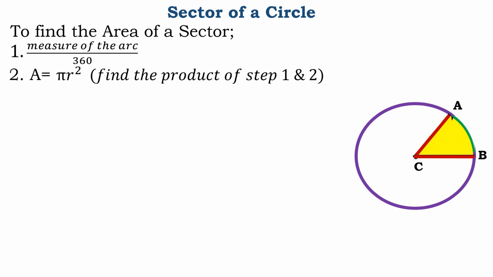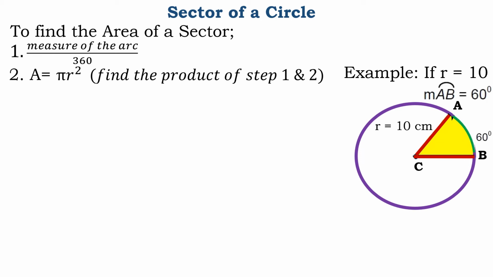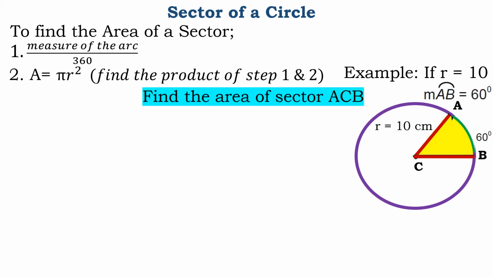Then after that, find the product of step 1 and step 2. Example, if the given radius of the circle is 10 centimeters and the measure of arc AB is equal to 60 degrees, let us find the area of sector ACB.